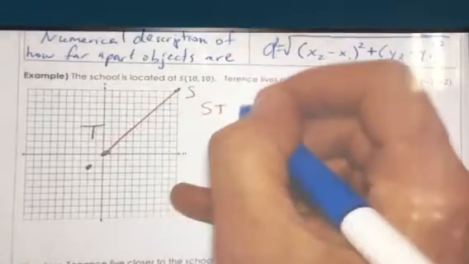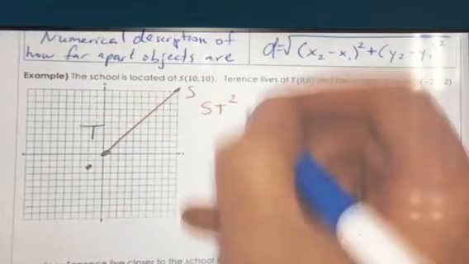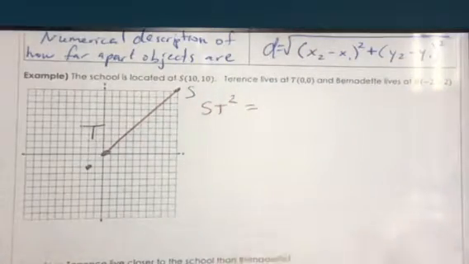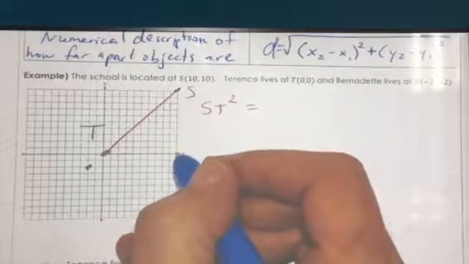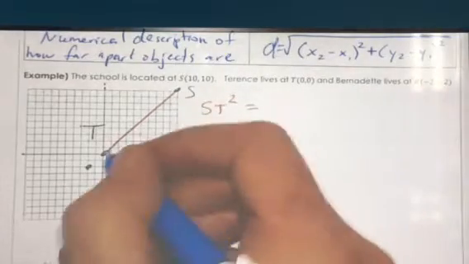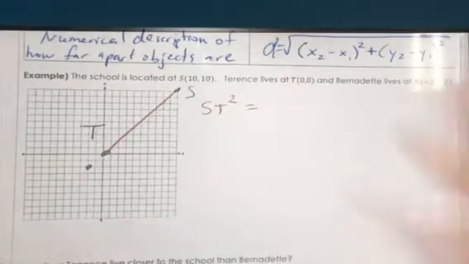So ST squared, this distance squared, equals, so you can see this is a move right 10, and then also a move up 10. So you can imagine we have something that looks like this.